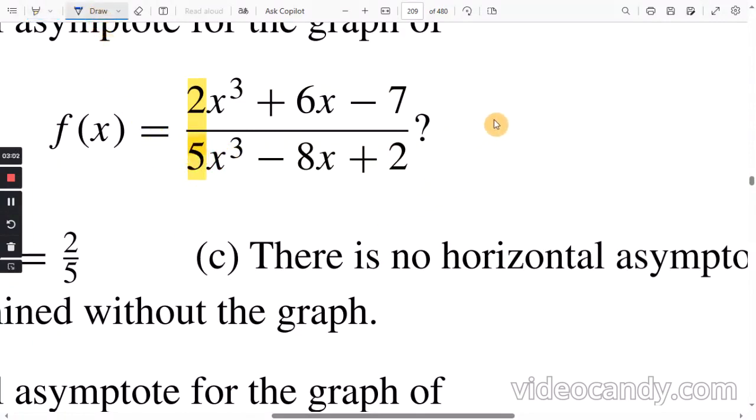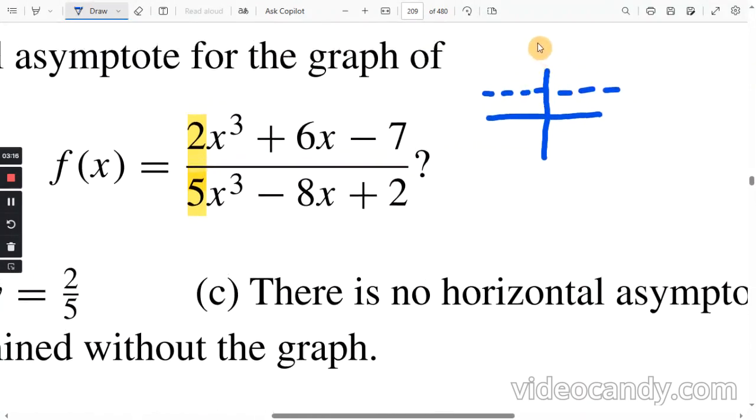So the horizontal asymptote, and remember for a horizontal line, if you have a graph, right, and you draw a horizontal line like so, that line is going through the y-axis. So the line equation for that asymptote is going to be y equals. And in this case, y equals 2/5.